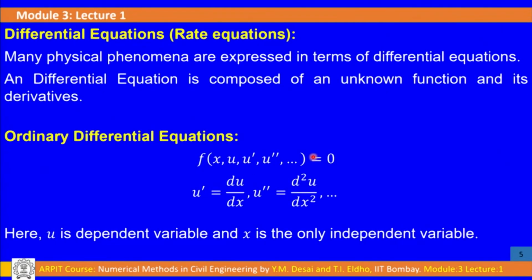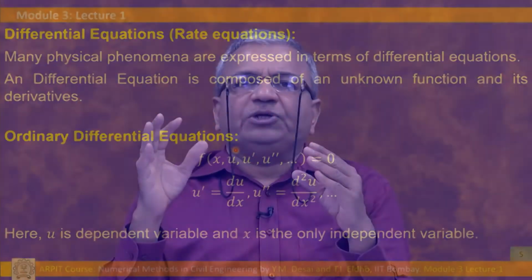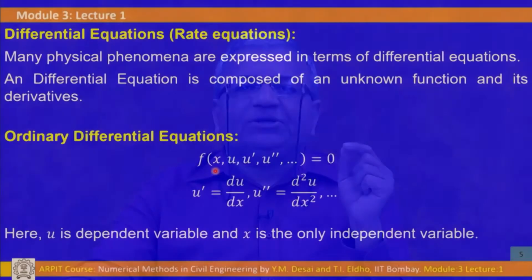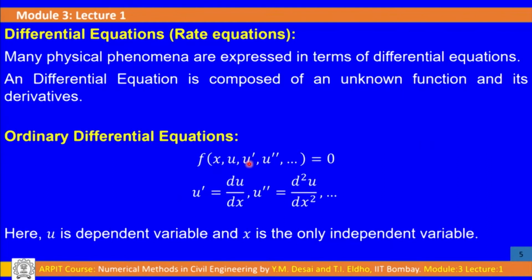We start with ordinary differential equations, and for convenience we show them in a very compact form. x here is the independent parameter. An ordinary differential equation is a differential equation in one independent parameter space, for example x.